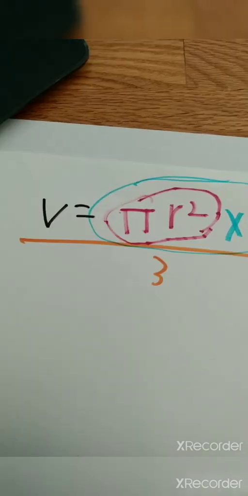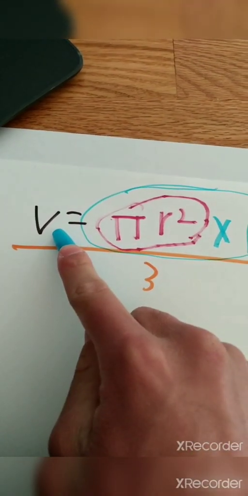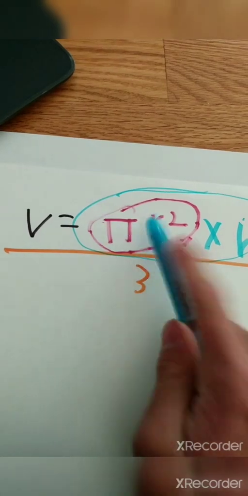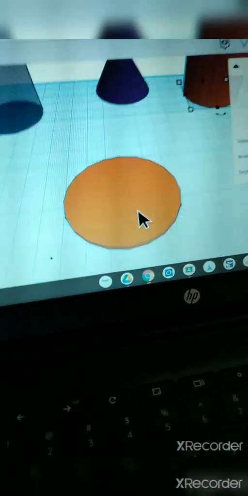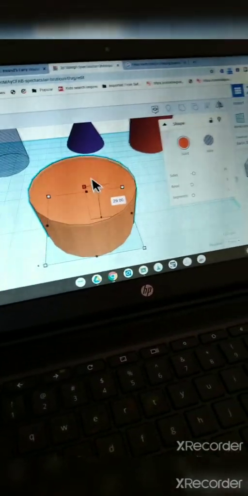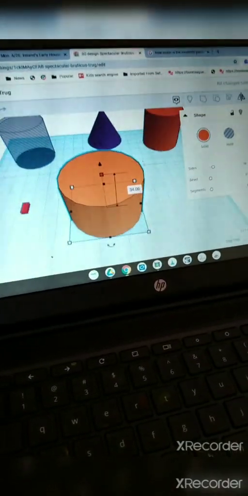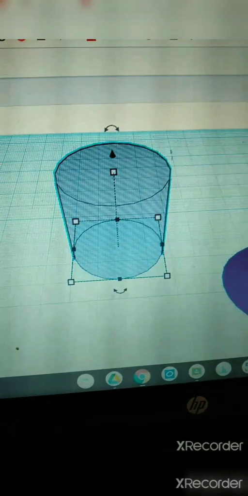Well, this formula is actually telling you step by step how to get a cone. Here's why. The first step is volume equals pi r squared, the area of a circle. Then we multiply by the height. If we multiply this circle by the height, we get a cylinder. Then, if we divide by 3, we get the volume of a cone.